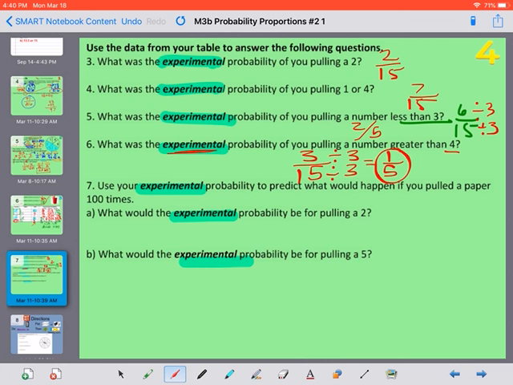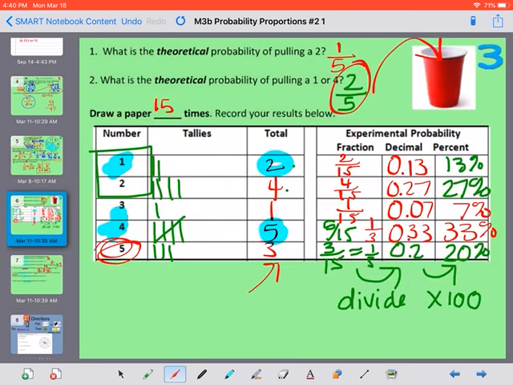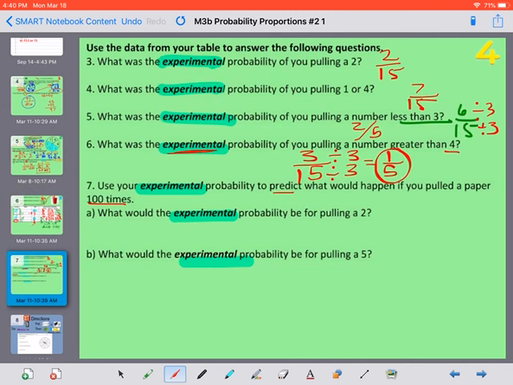Then number 7, this is a 2-part question. Use your experimental probability to predict what would happen if you pulled a paper out 100 times. So what would the experimental probability be for pulling a 2? Well, based on our experiment, we got a 2 4 times out of 15. They want to know how many should we get if we pull it out 100 times.